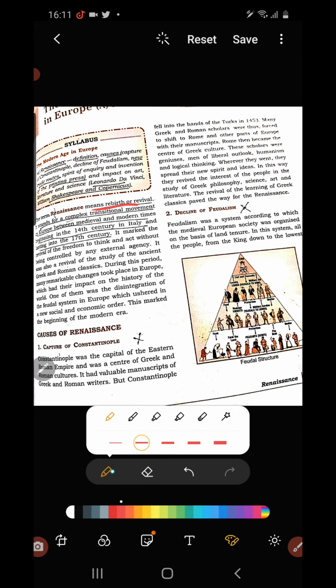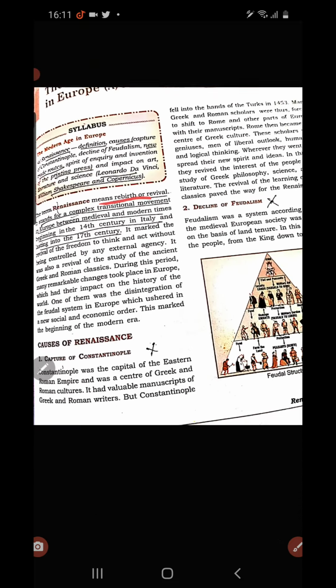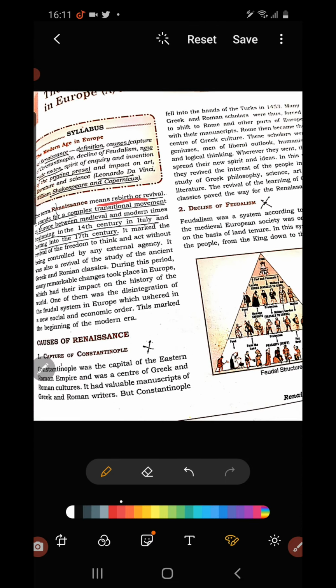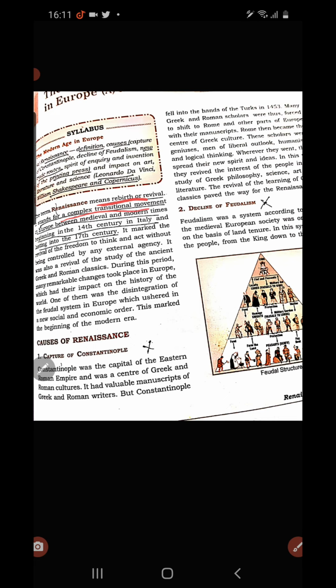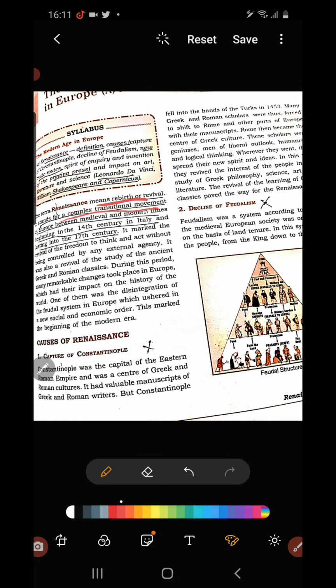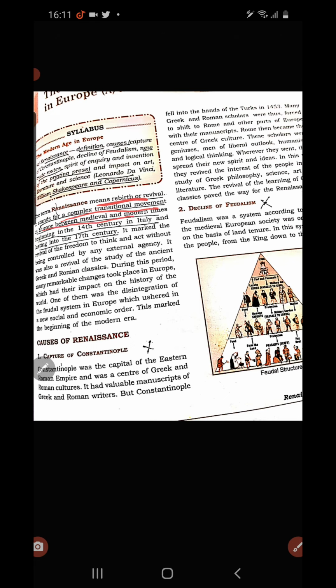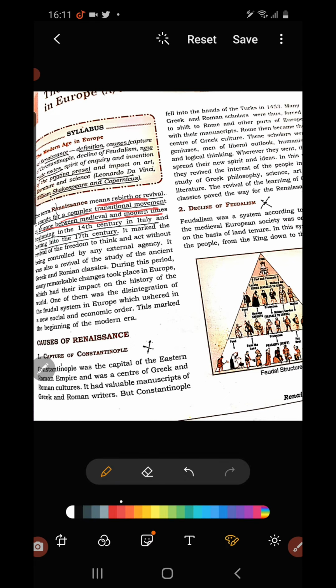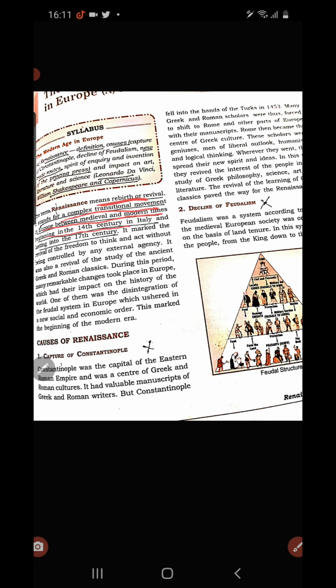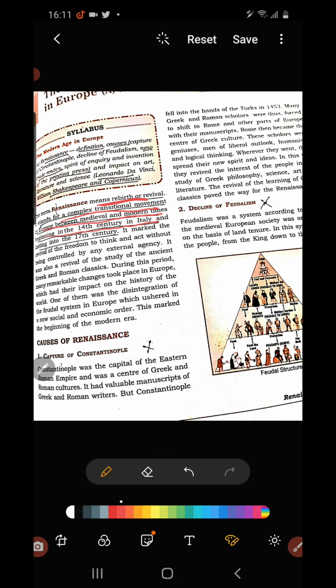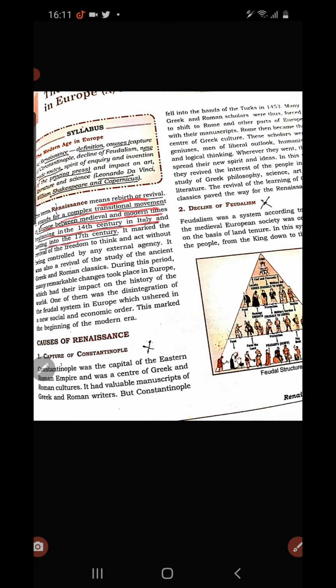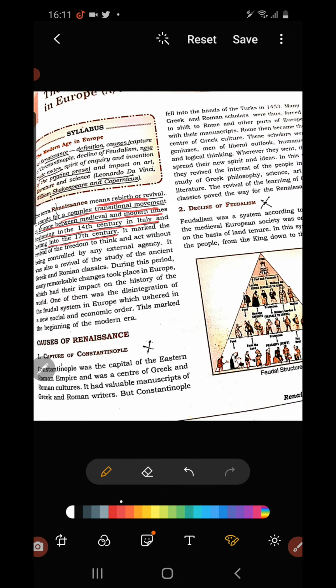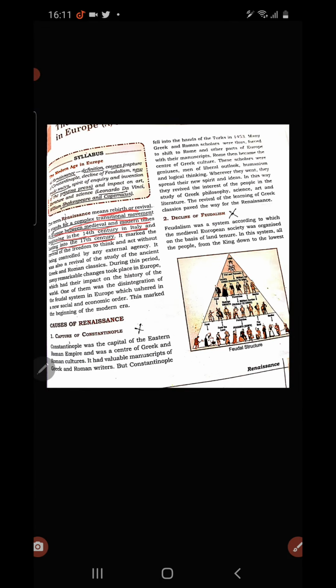The meaning of the term Renaissance is rebirth or revival, for a complex transitional movement in Europe between medieval and modern times, beginning in the 14th century in Italy and going into the 17th century. So you have to learn these sentences under the Renaissance.